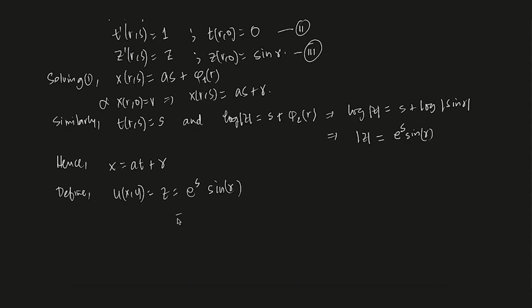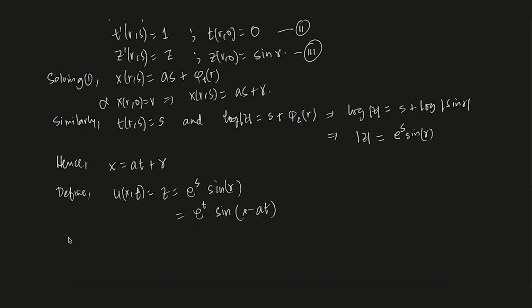So this is e to the power t sine of R, and R is x minus At. So that's your solution. So u of x, t, I keep on writing y, it should be t. So u of x, t is e to the power t sine of x minus At. Okay, now let us see whether this is a solution or not. This should be our solution.